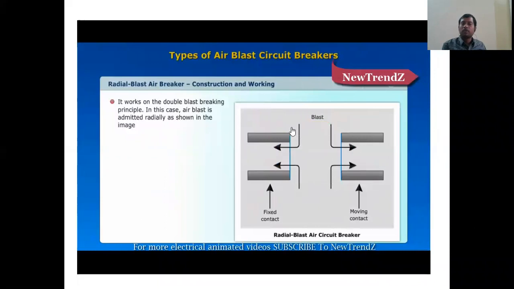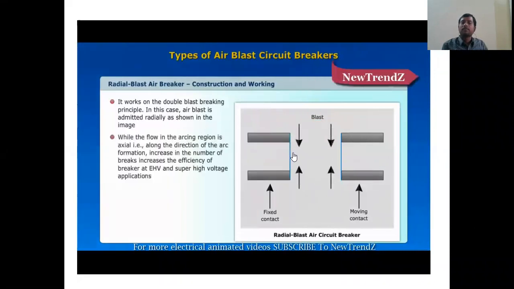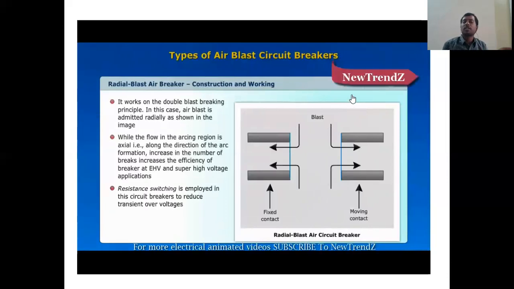The blast will be like this, and whenever air flows away from the contact and towards the contact, the arc will be struck between the fixed contact and the moving contact. Here, just as in the animated diagram, the air will flow towards the fixed contact and moving contact so that the arc will be quenched very fast.